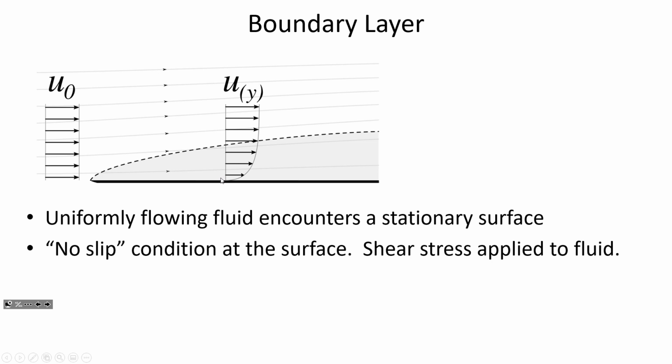So down here at the bottom, the velocity is lower, and the further away you get from that surface, the velocity is increasing. So this boundary here is where the velocity is below 99% of the free flow velocity. And so beyond this, the velocity is 99% up to the free flow velocity itself.